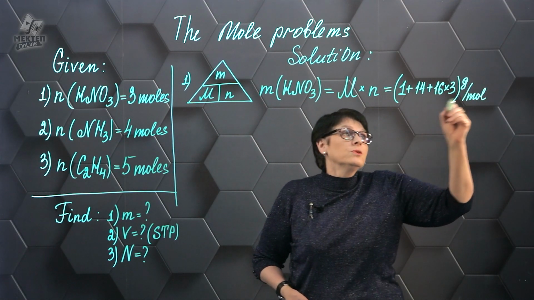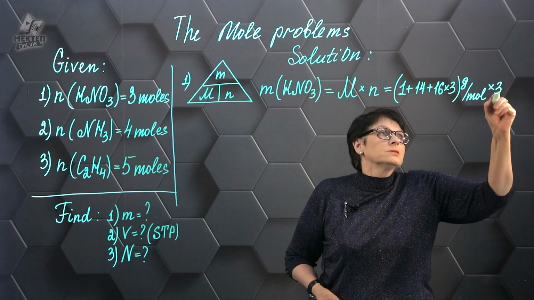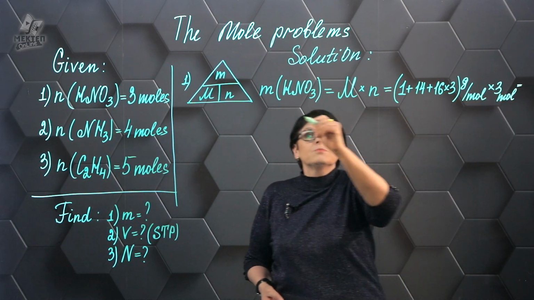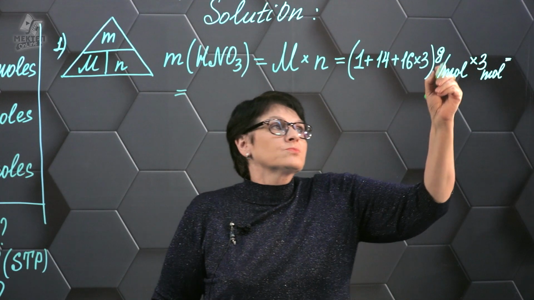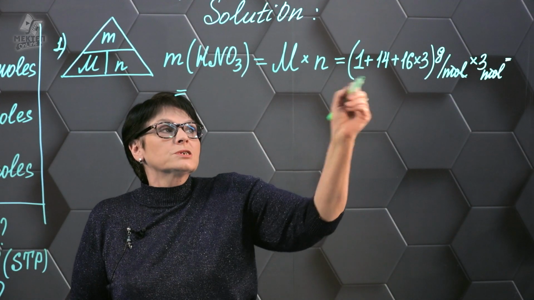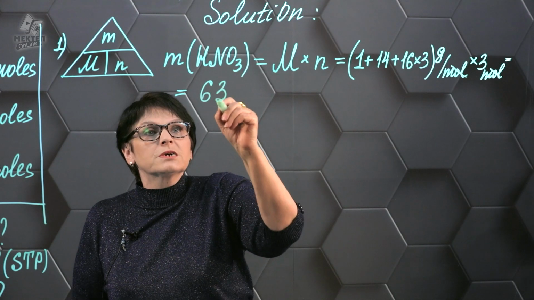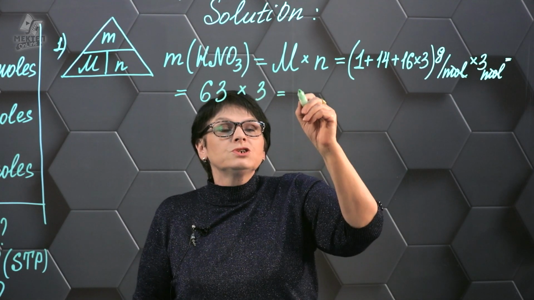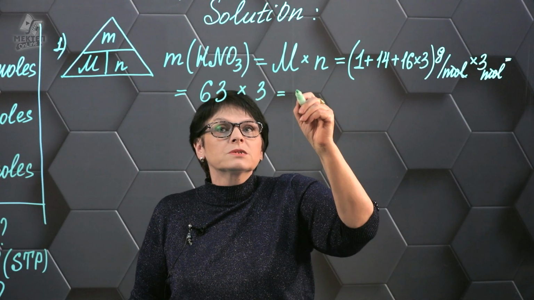And the number of moles in this case is 3 moles. So when we solve, mole and mole cancel, inside our bracket we've got 63. Multiply by 3, and in this case, we have 189 grams.